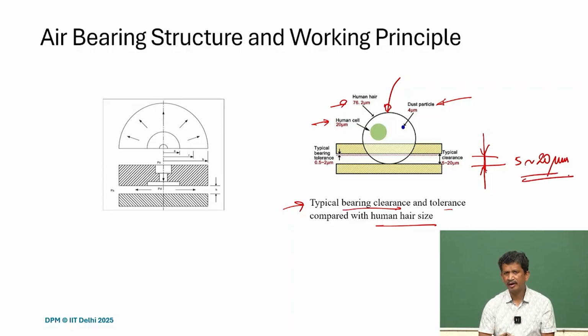But to be very precise, when working with these porous air pads or porous air bearings, it will be of the order of 4 to 5 micron. So, we are working in this 5 micron range, not even 20 micron. Now, imagine the flatness requirement of the surfaces.